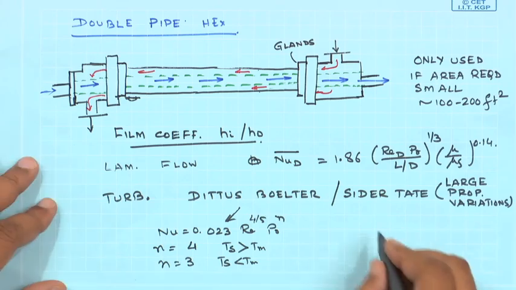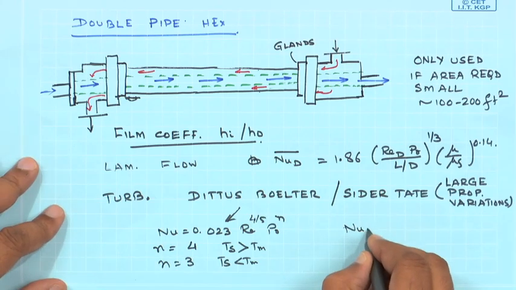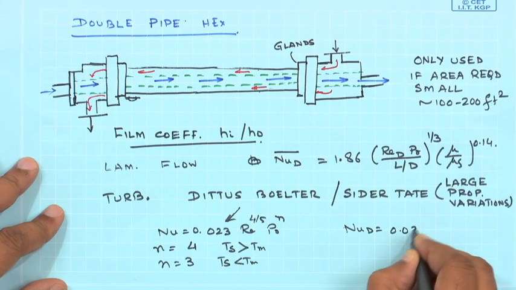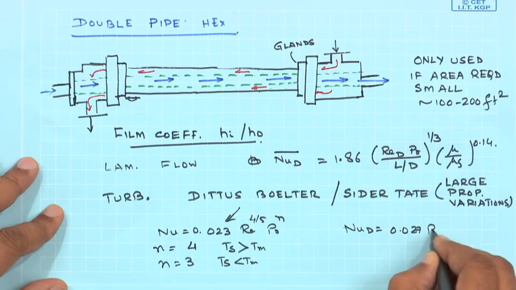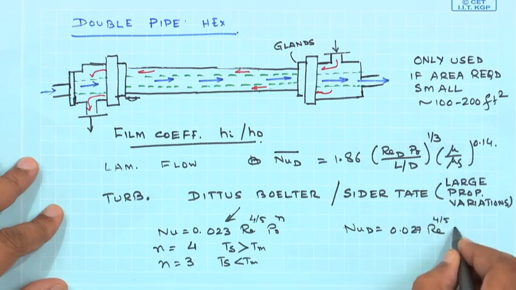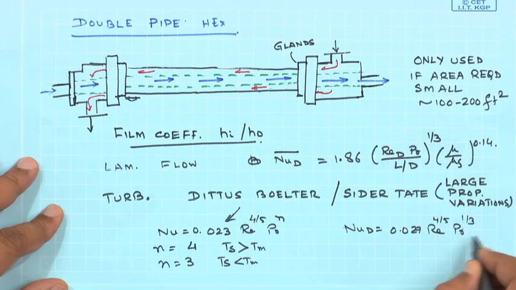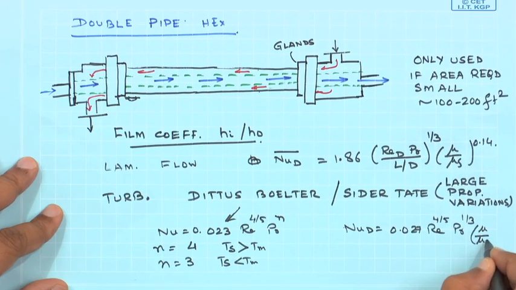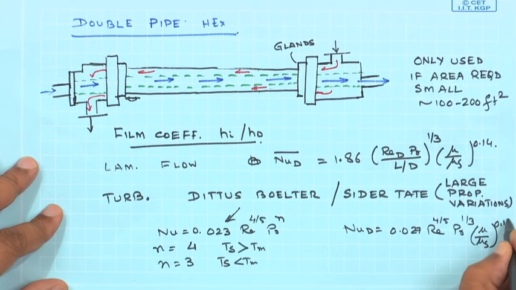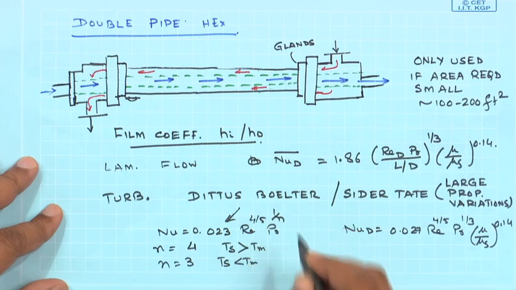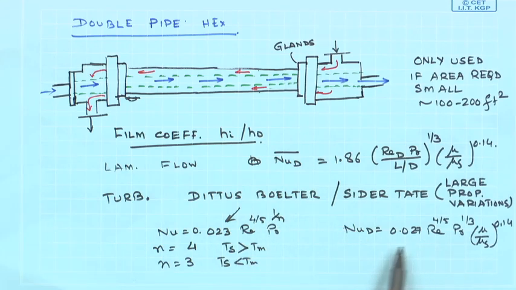And for the case of Sieder-Tate, the Nusselt number is simply going to be 0.027 Reynolds to the power 4 by 5 times Prandtl to the power 1 by 3, and a viscosity correction factor mu by mu s to the power 0.14. So, this is when you have a significant variation in the property.